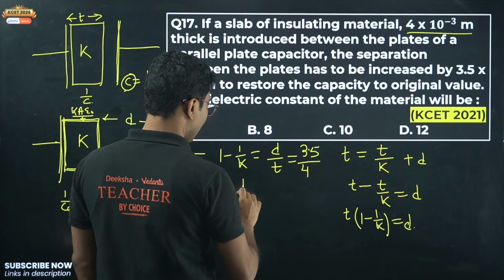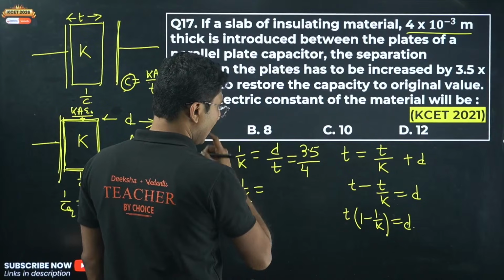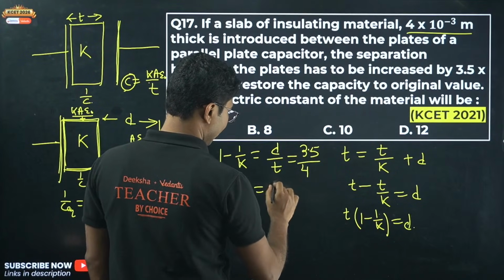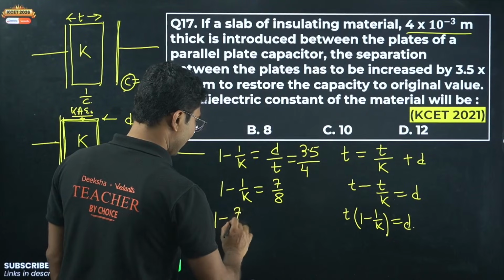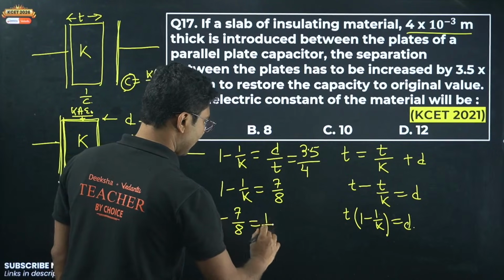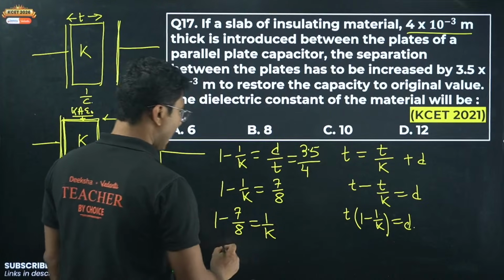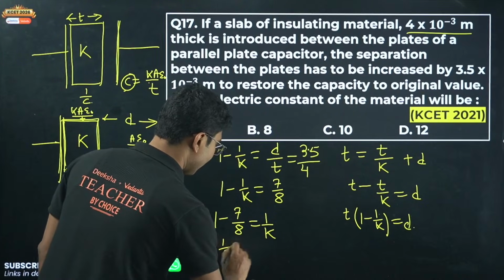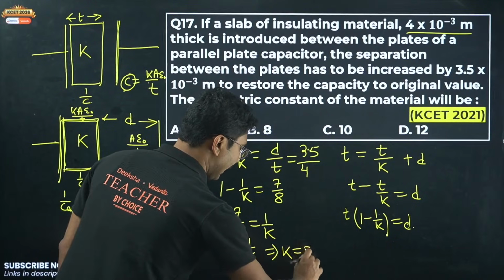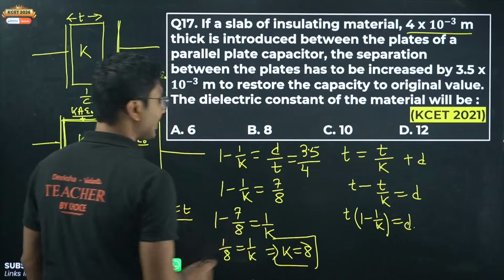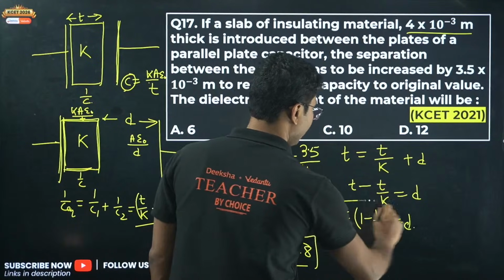So 1 minus 1 by K equals 7 by 8, or 1 minus 7 by 8 equals 1 by K. Just exchange the sides and we get 1 by 8 equals 1 by K. So K equals 8. This is the formula that you should remember.